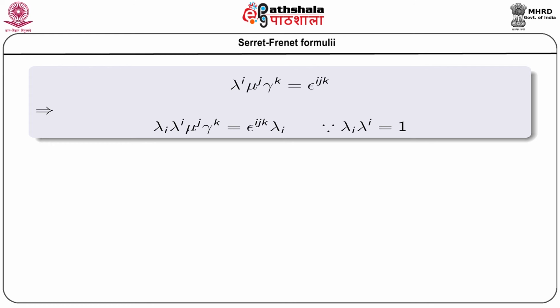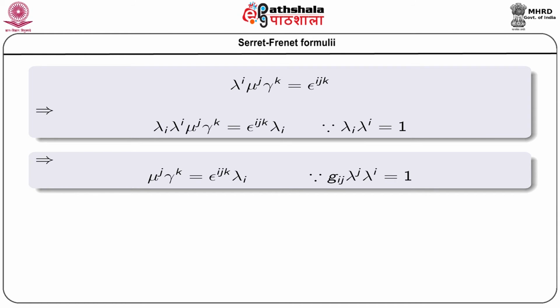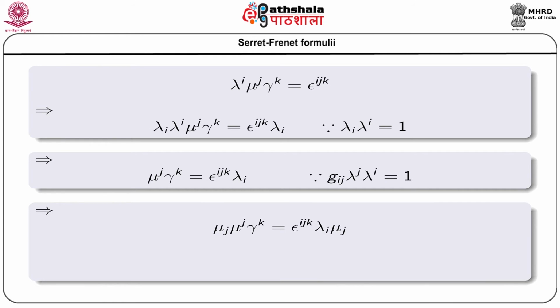As λ_i λ^i equals 1, because they are unit vectors, μ_j γ_k equals this one. Similarly, taking the product with μ_j, we get μ_j μ^j γ_k equals ε_ijk λ_i μ_j. So γ_k is equal to ε_ijk λ_i μ_j.